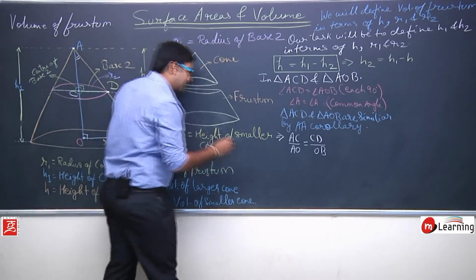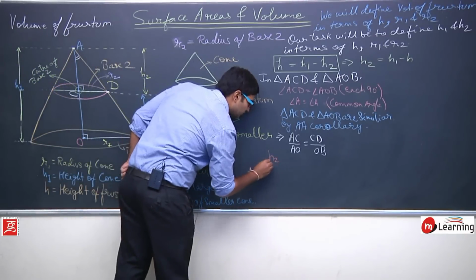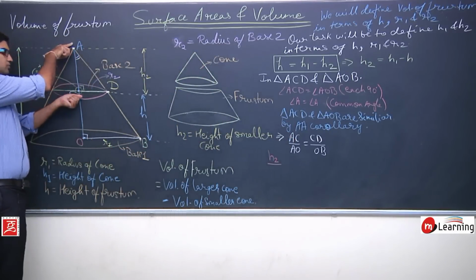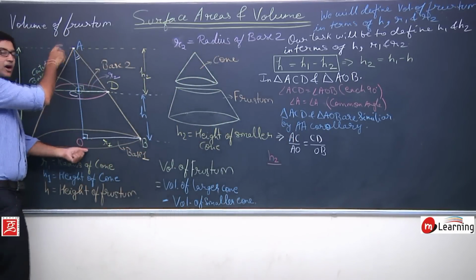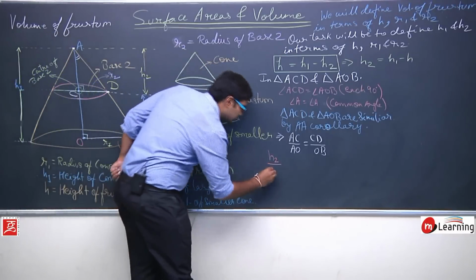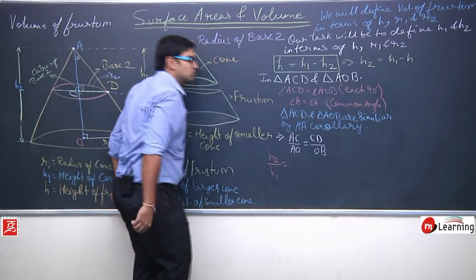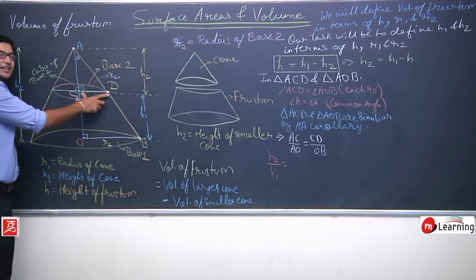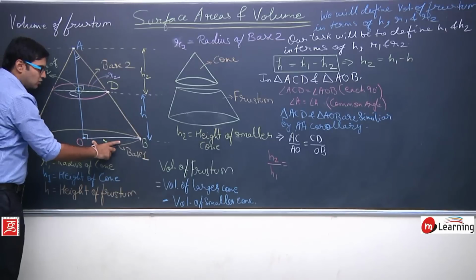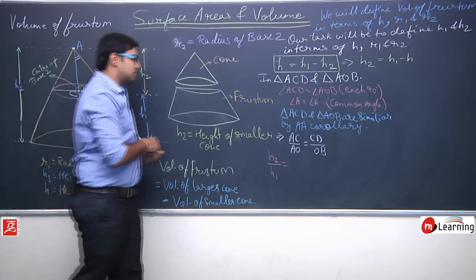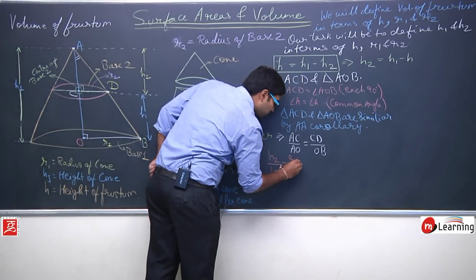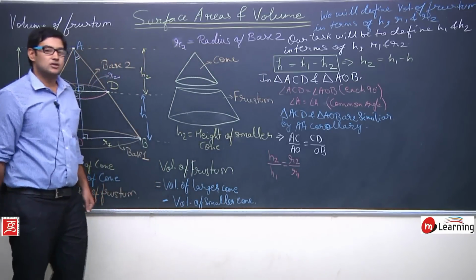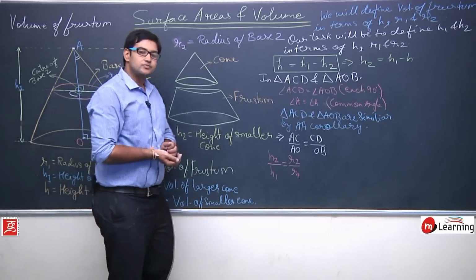In place of AC I can write H2, and in place of AO I can write H1. What is CD? CD is this line which is R2, the radius of base, and OB is R1. So in place of CD I can write R2, and in place of OB I can write R1.